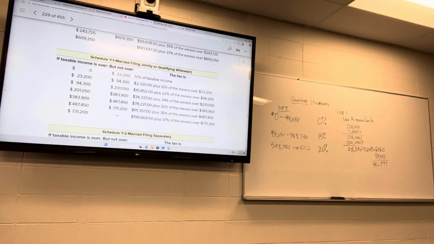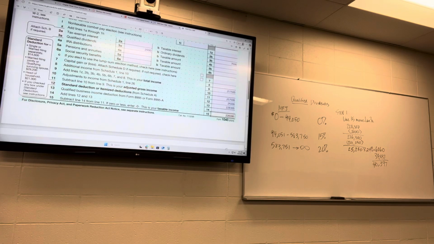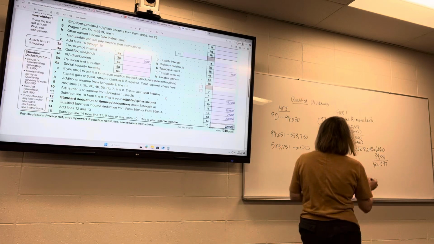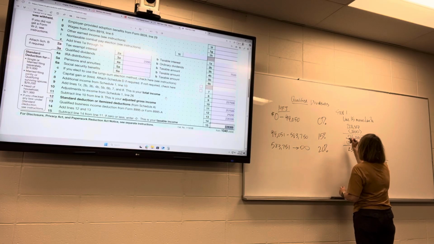That's our subtotal there. So that's the amount of tax on our ordinary income. You can see we didn't include the dividends in this amount. Now we've got to figure the tax on the dividends. So this is step 1, and then this is kind of step 2 here.